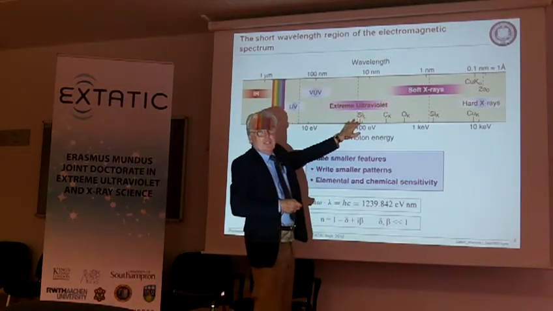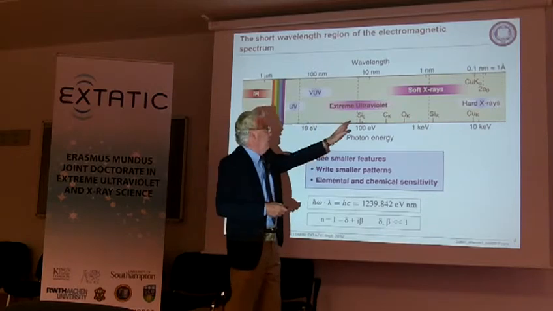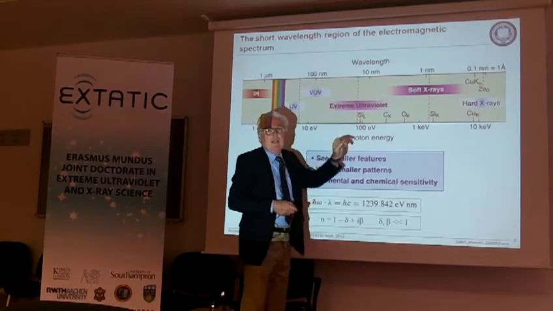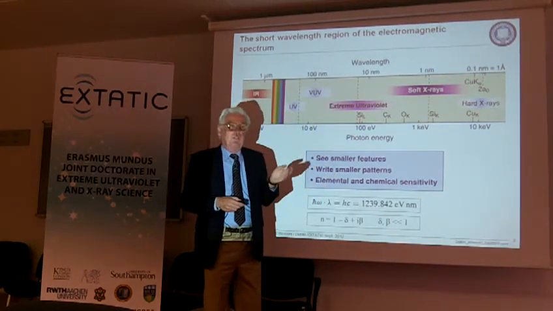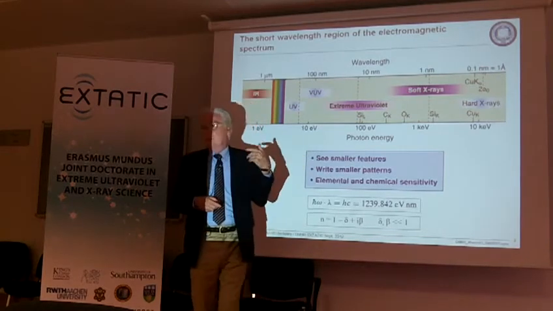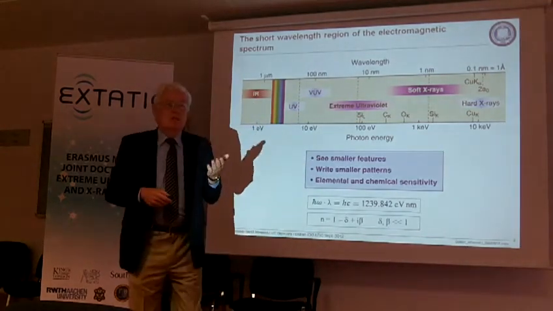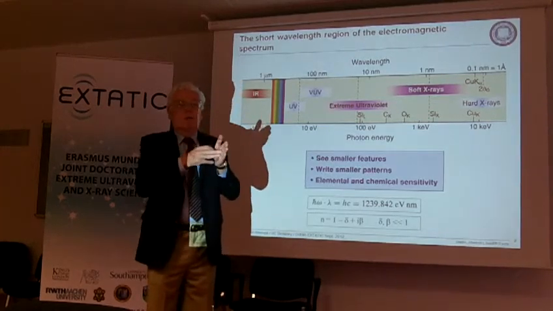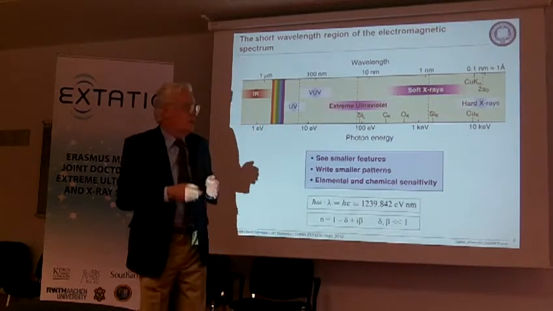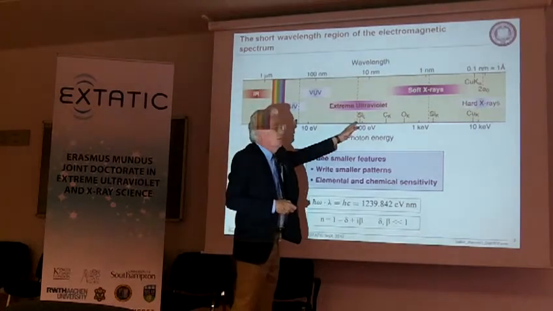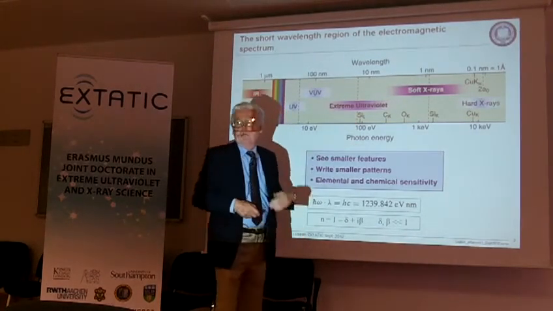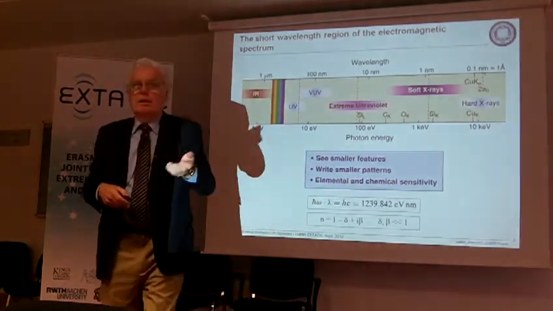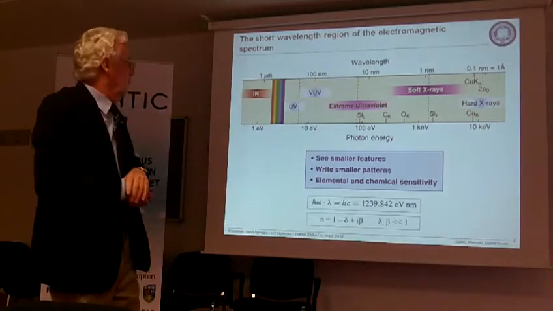So the silicon L edge is about 99 eV, and if you get a little bit below that, there's a combination of materials which happens to make a very good reflection. And as you'll see here in a moment, reflections in this whole region are very, very poor at arbitrary angle or normal incidence. But just around here, there's a terrific combination of materials, and you'll understand that by the end of these lectures. Why does that work so well?